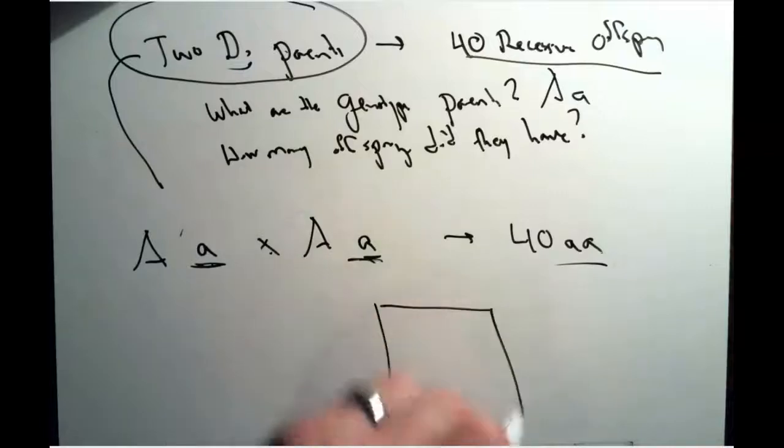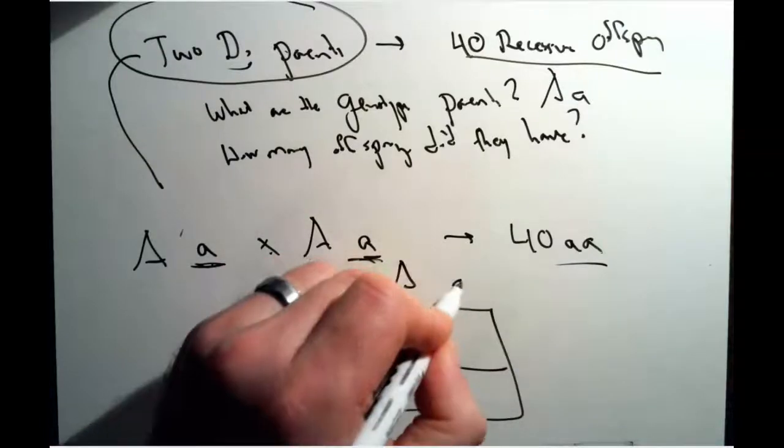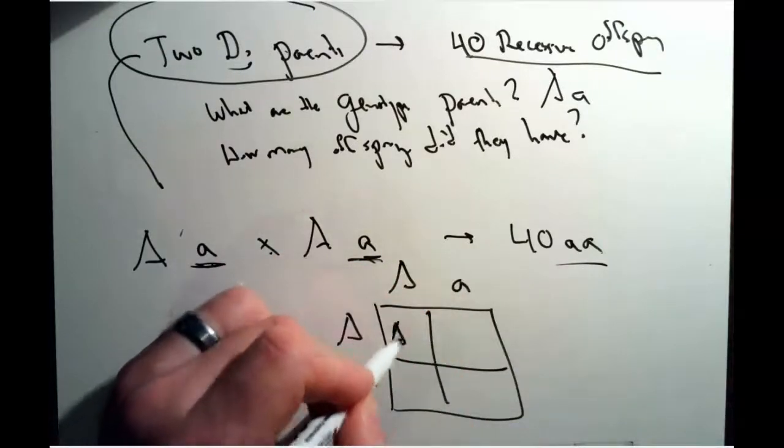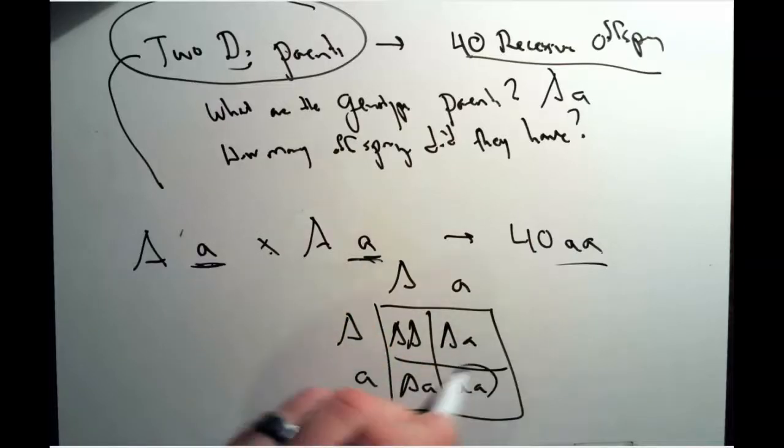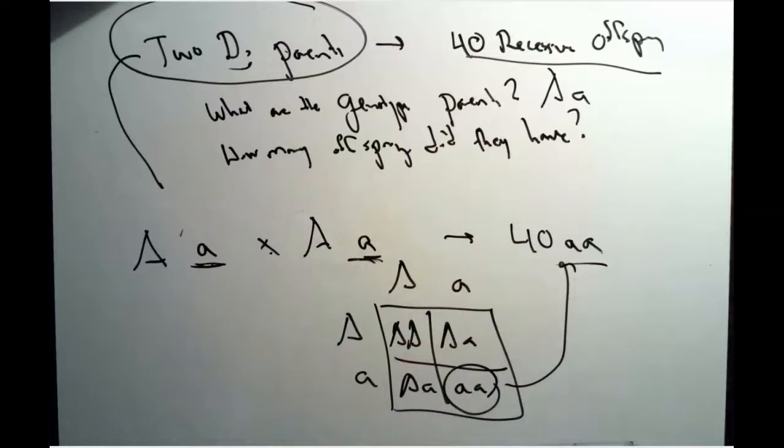Now we diagram the cross. There's one heterozygous parent. There's the other. We fill in the Punnett square, and here are those recessive offspring. That's what explains the 40 that we see here. So 40 offspring are recessive. This is a Punnett square. It's meant to show that 25% of the offspring fall into all 4 of these classes equally.